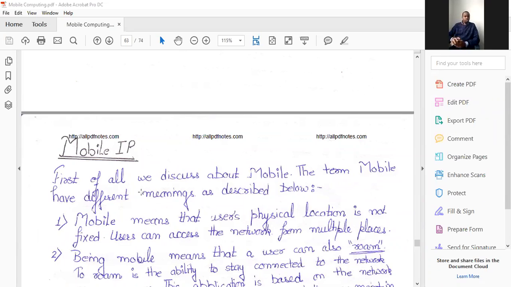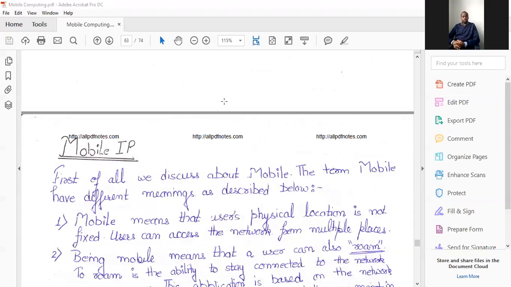And what is a protocol? A protocol is a set of standards that guide how communication happens in a network. A protocol is a communication standard. It is like a set of rules or guidelines that guide how different devices in a network should communicate or send data to one another. That is what an IP is.